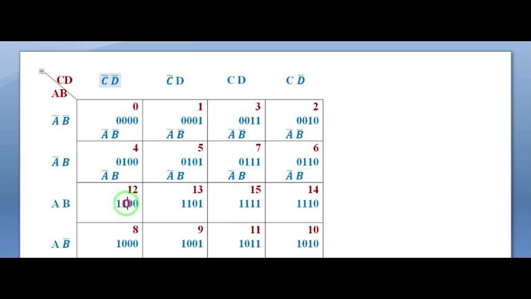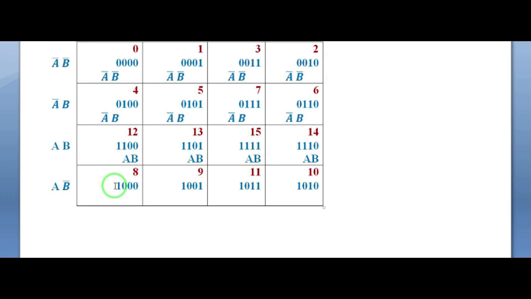Similarly, if you go for row number 3, 1 1 here, 1 1 here, 1 1 1 1. All the 4 cells of row number 3 are going to have 1 1. So 1 1 is used to represent A and B. Therefore, in every cell of row number 3, write AB. Similarly, go for the last, fourth row.